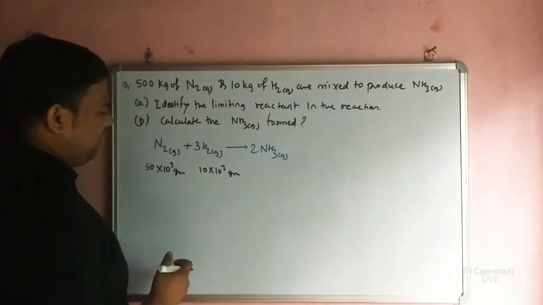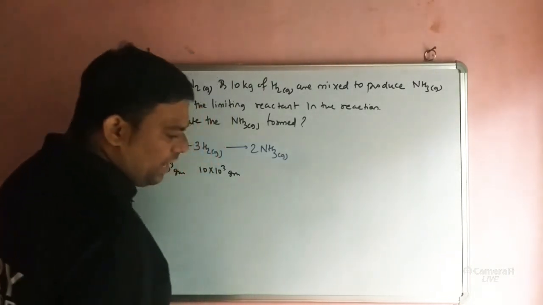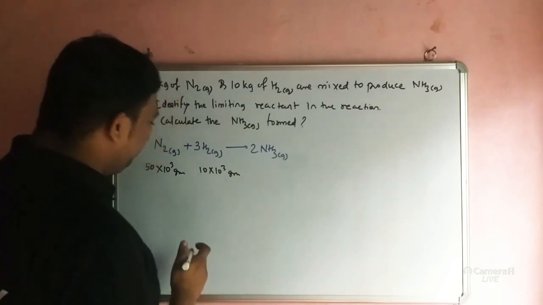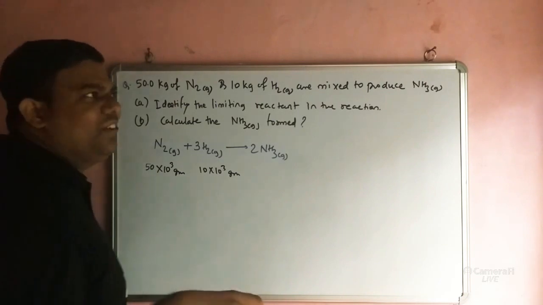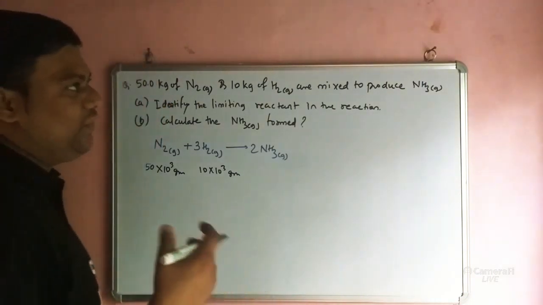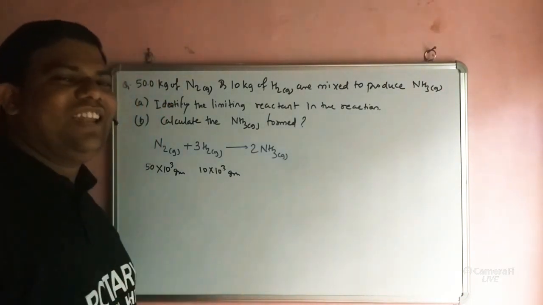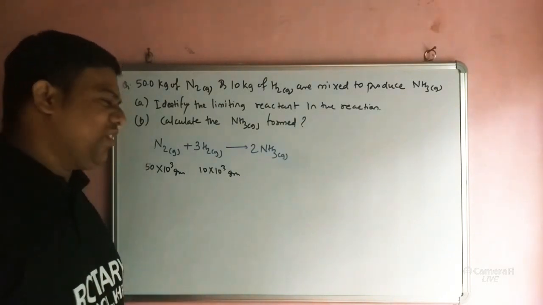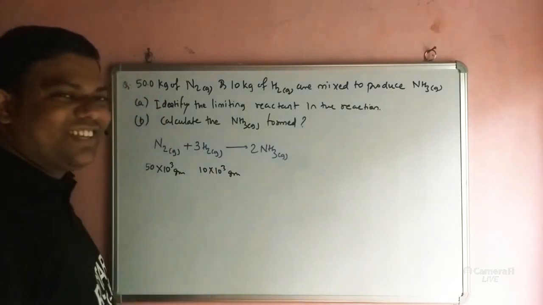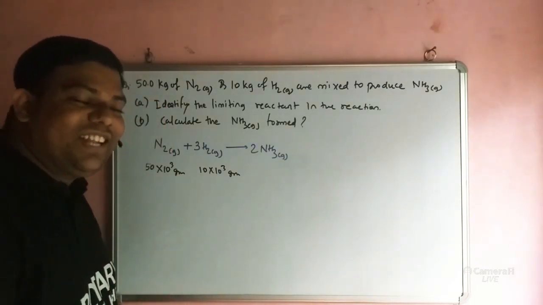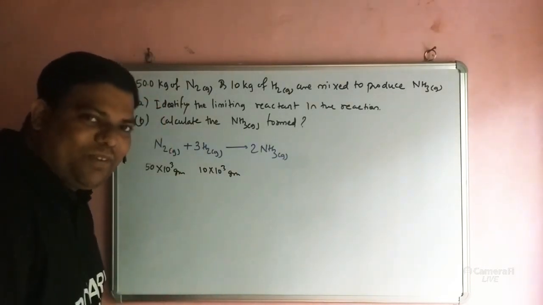So how can we calculate? See beta, first we will calculate the moles on the basis of the given mass. As you know, moles equal the mass of substance in gram divided by the atomic mass.